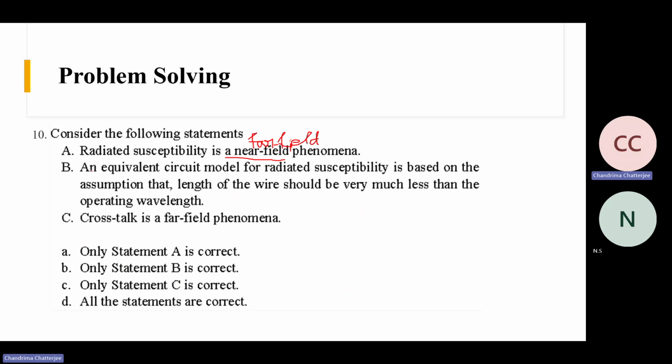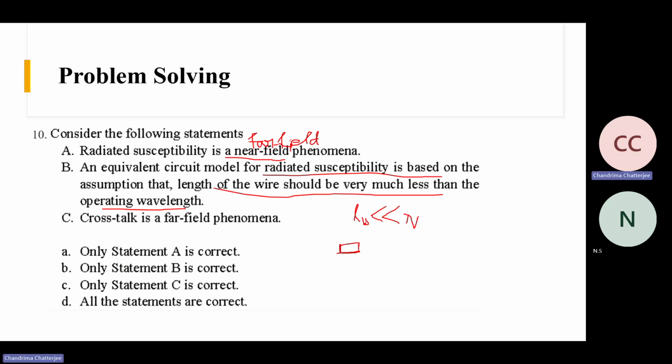What is statement B? An equivalent circuit model for radiated susceptibility is based on the assumption that the length of the wire should be very much less than the operating wavelength. What they are saying is basically that the length of the wire, LW, is much less than lambda. So this is a valid assumption because we are assuming a lumped model, right? If your wire length is large, then we can't assume a lumped model.